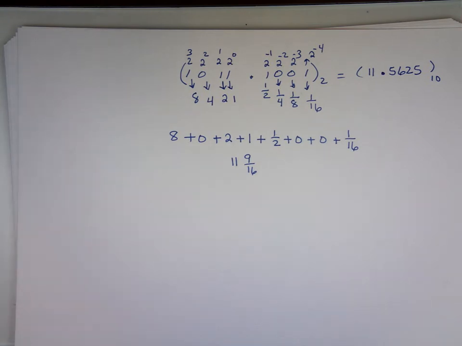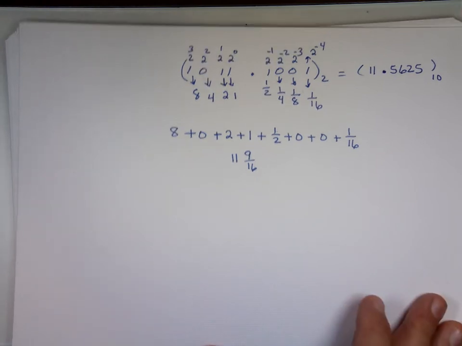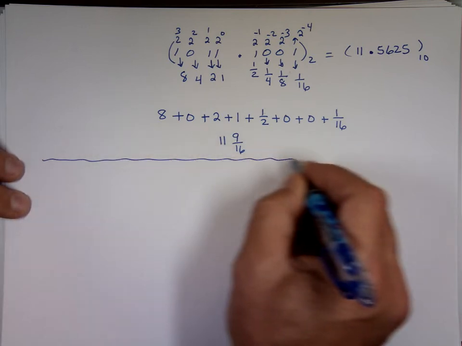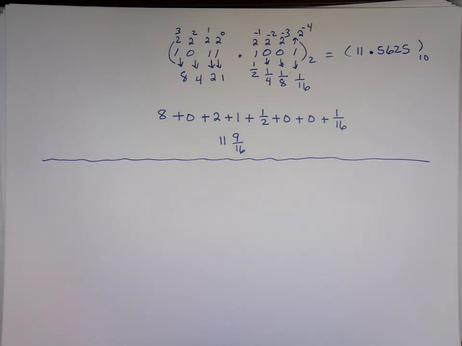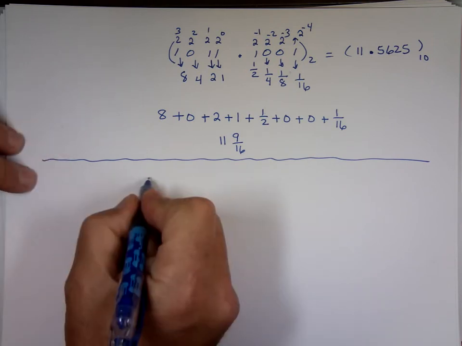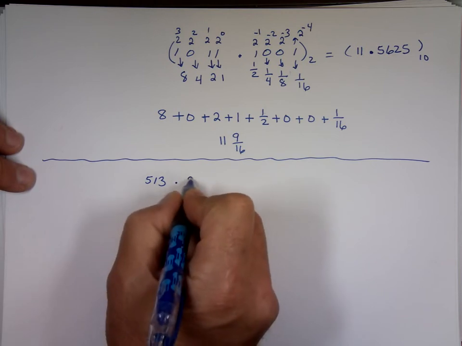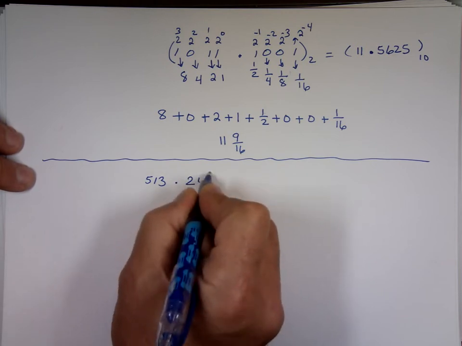The same set of rules apply to base 10, base 8, base 16. I'll do a couple of quick examples, and we are done with the numbers. The good news about base 8 and base 16, because the base is big, it doesn't take that many steps. So if I have, for example, 513.24, the 4 is horrible.